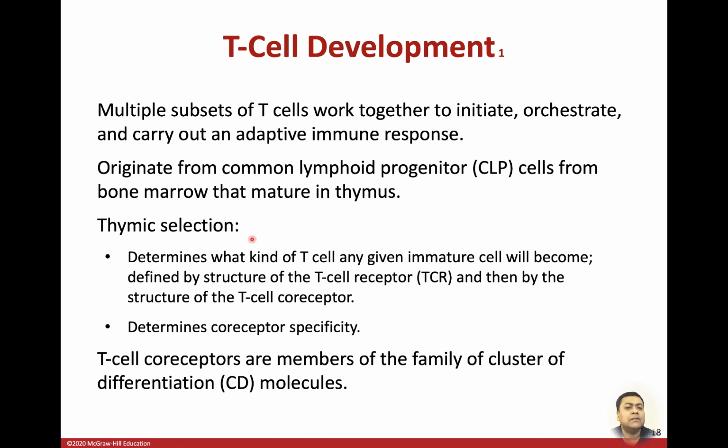In the thymus, a gland just above your heart, it is determined what kind of T cells any given immature cell will become. This is defined by the structure of the T cell receptor, which also determines the co-receptor specificity. And what do we mean by that? There are some specific cells which we call alpha and beta T cells.